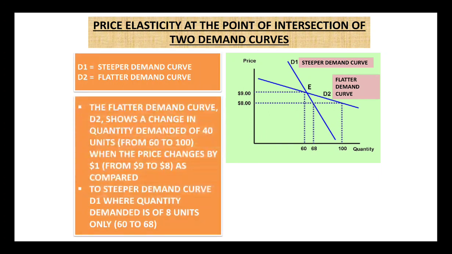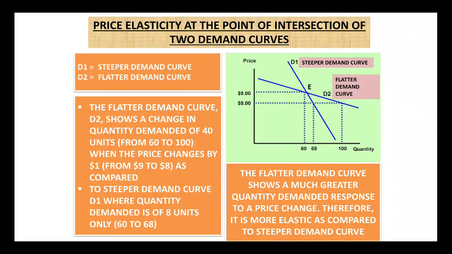So we say the flatter demand curve at the point of intersection is more elastic as compared to the steeper demand curve. Now let's prove this point. How is it so? Over here it's written, the flatter demand curve shows a much greater quantity demanded response to a price change.